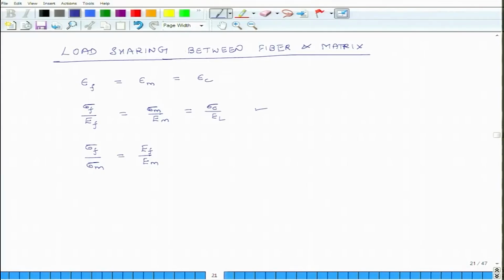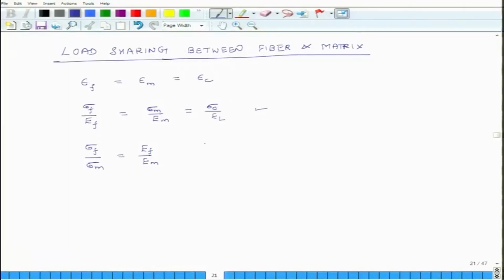So, if Ef over Em is 20, then fiber takes 20 times more stress, not load, because load is also associated with area. But the stress in the fiber will be proportionally higher. Similarly, you can also say that sigma f over sigma c is equal to Ef over Ec. Okay. So, let us keep this as one equation.